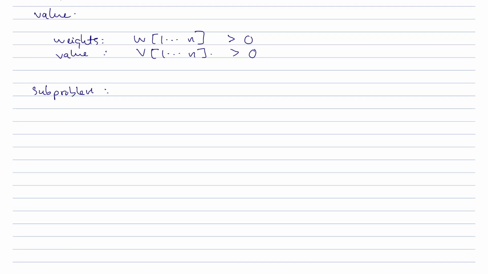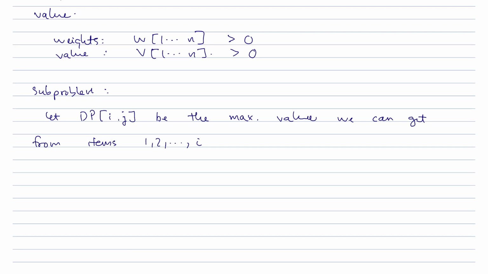So let's define the subproblem. Let dp[i][j] be the maximum value we can get from items 1 up to i with a budget j.